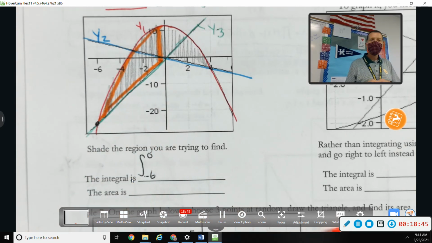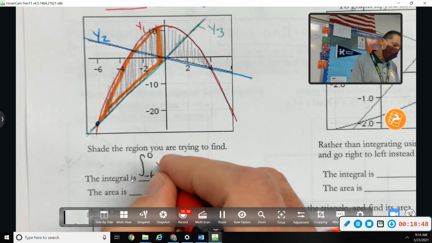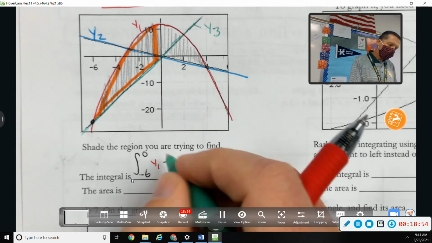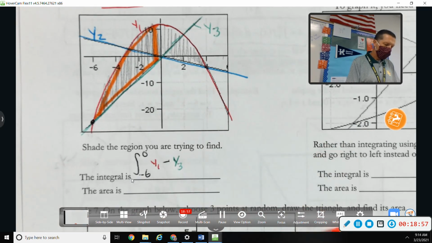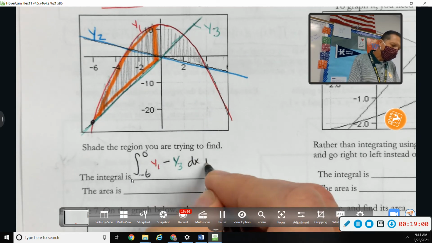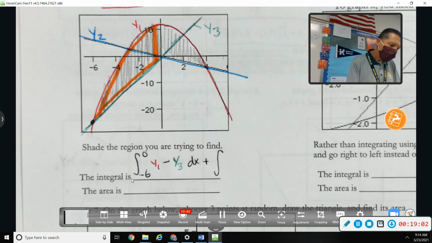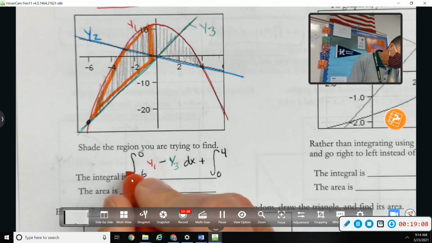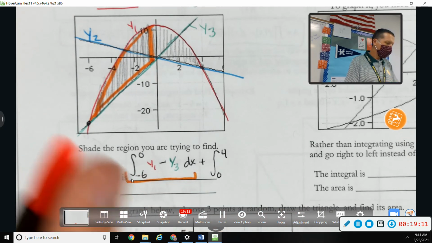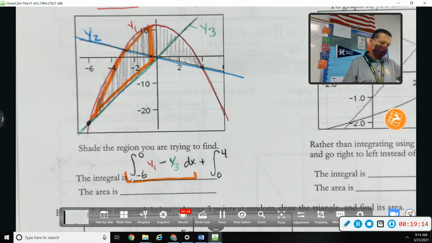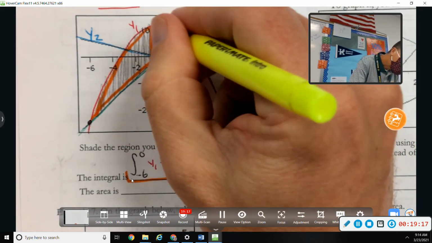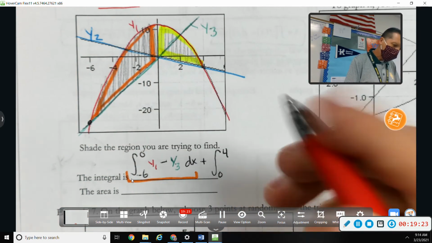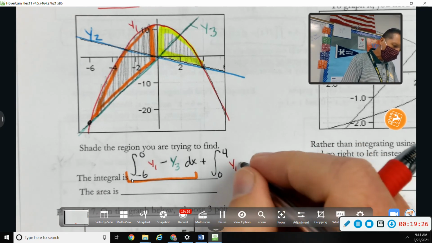Which one's the bottom? y1 minus y3 dx, plus 0 to 4 of the top one on that side is, oh, again, y1, but the bottom one is y2.